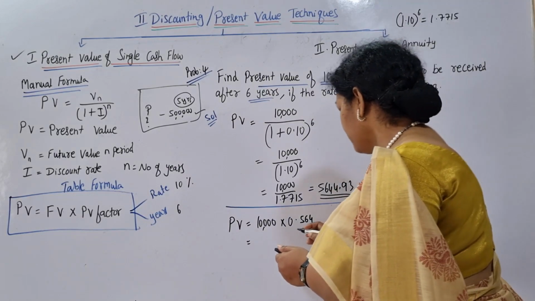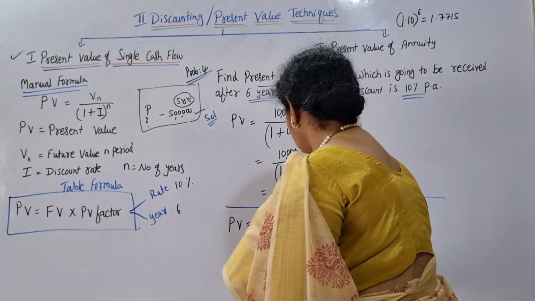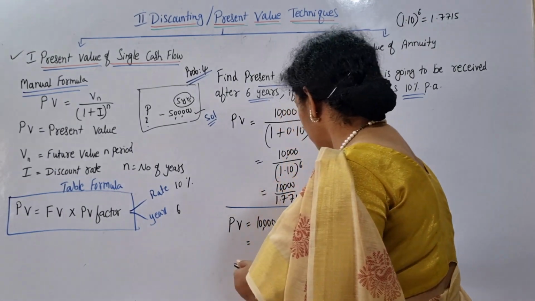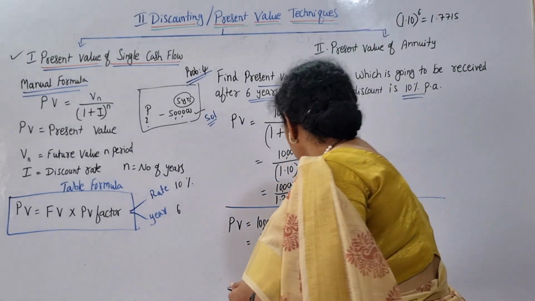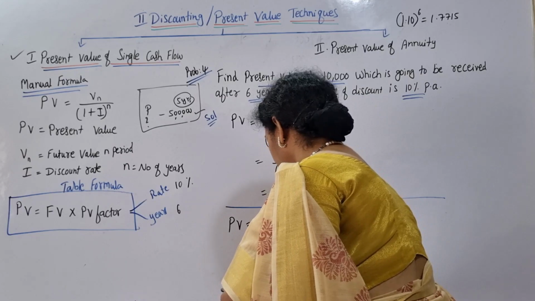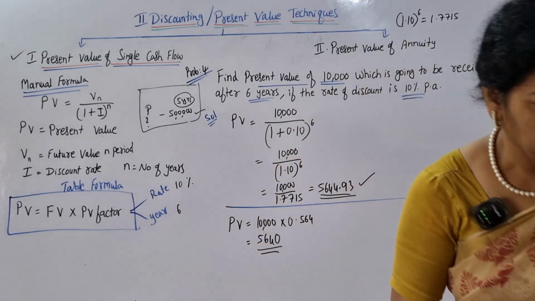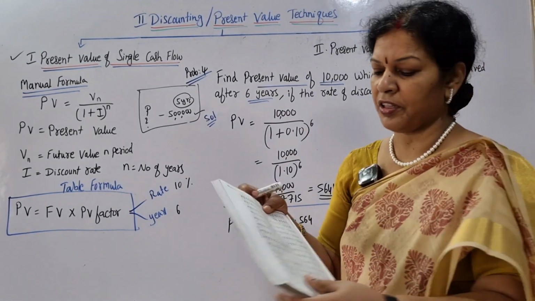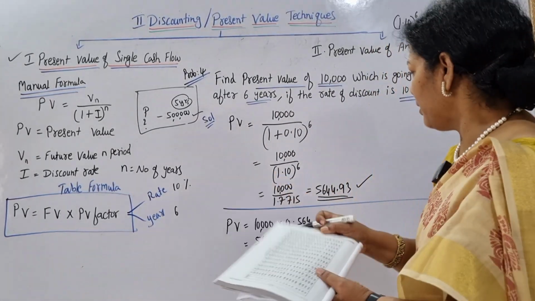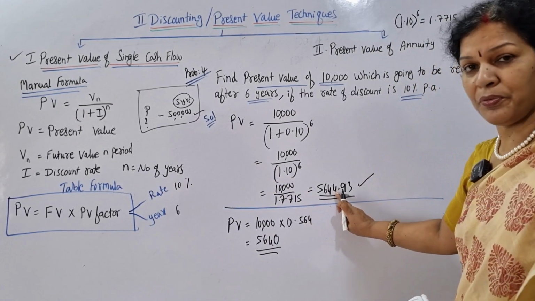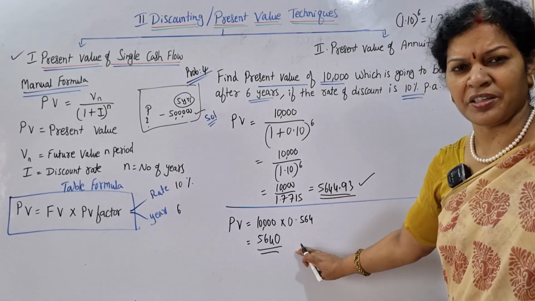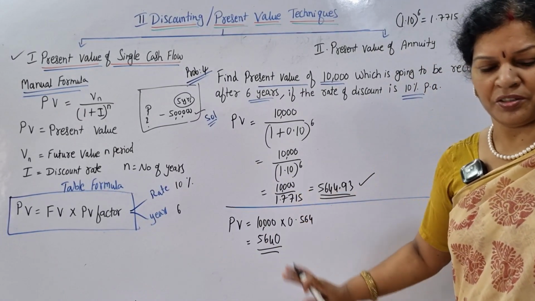It's coming to 5,640. You get the same answer, you know the value already. It means I didn't take more decimal values. If you take more, you'll get the same one only. In my table, only 3 values are given. If there were 4 values, you would have gone for 4 also. Almost it is near, so we can say it is correct.